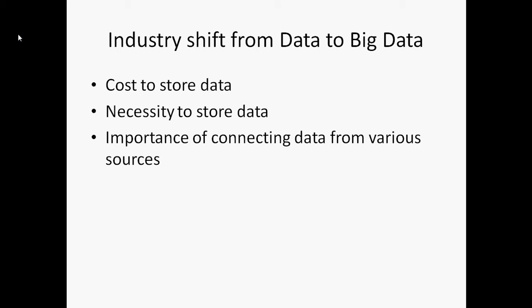Both these accounts are related to the same customer, and whatever the behavior of this customer is can be very well understood if we connect his email account with his Twitter account, so that the company will get more and more information about that particular customer.